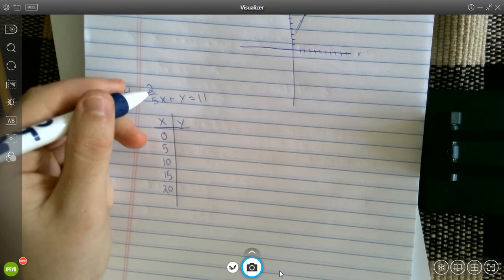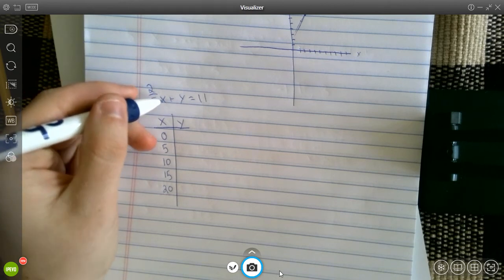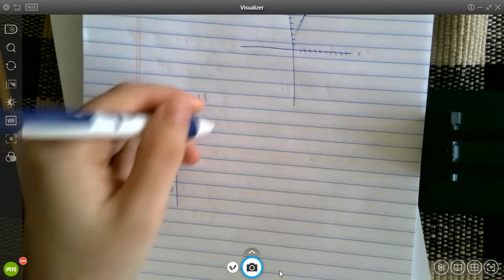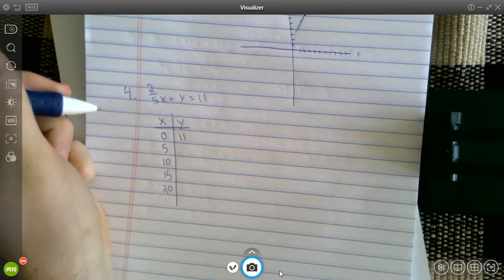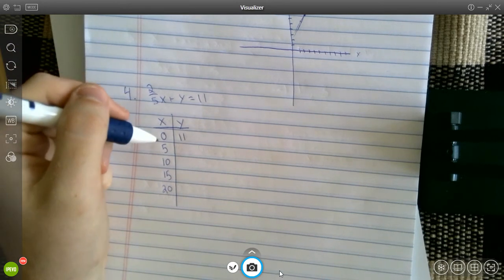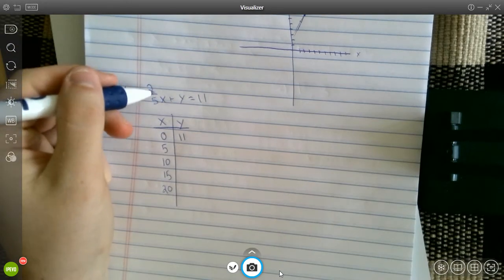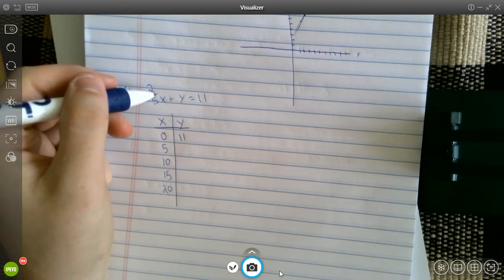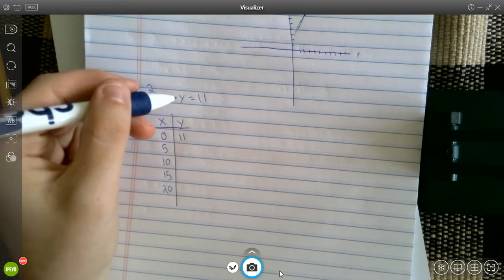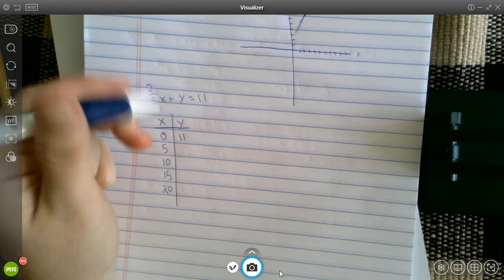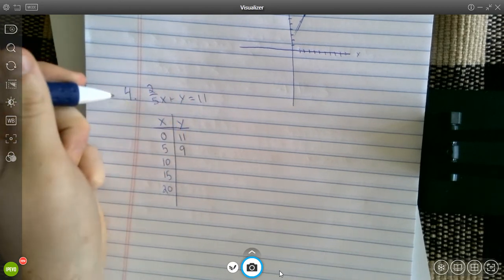So here's the really easy one. When x is 0, we've got 2/5 times 0. That's 0 plus 11. So y would have to equal 11 there. When x is 5, well, 2/5 of 5 is 2. And 2 plus something has to equal 11. That something in this case is going to be 9.